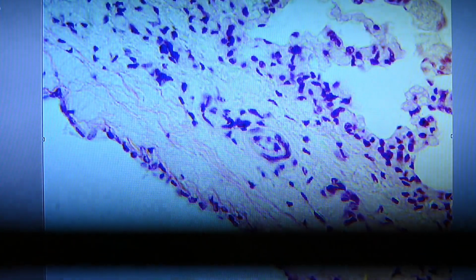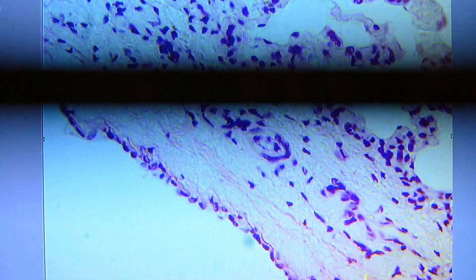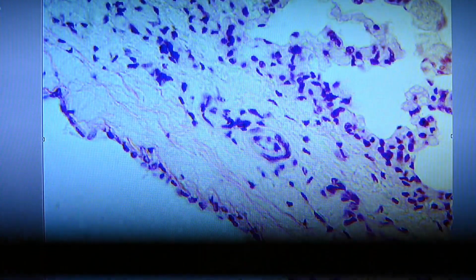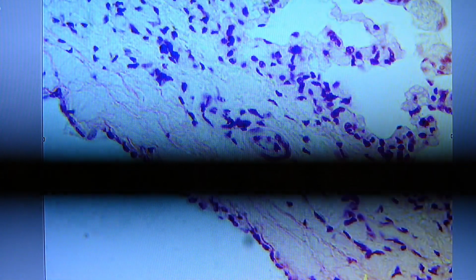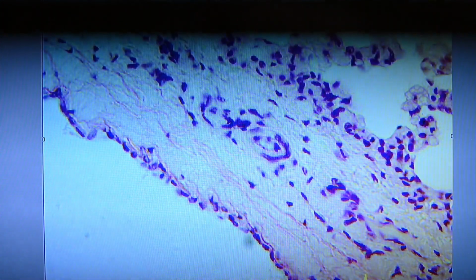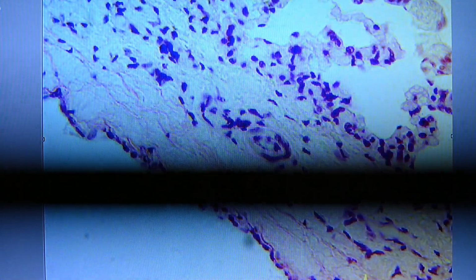Okay, here we are looking at the lung tissue. The diagonal that you see across the screen there on the very lower edge of it, it has all those simple squamous nuclei, a whole row of mesothelial nuclei across there.